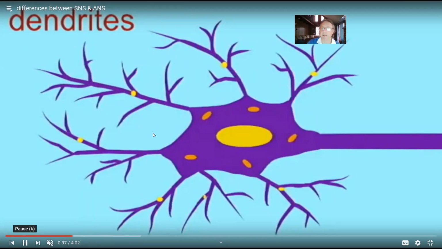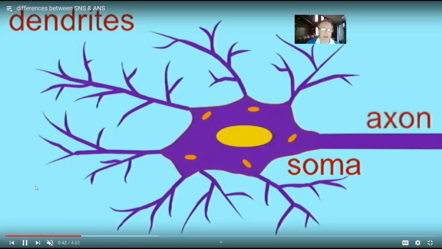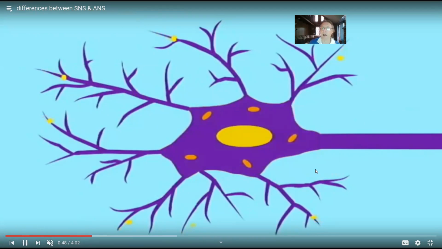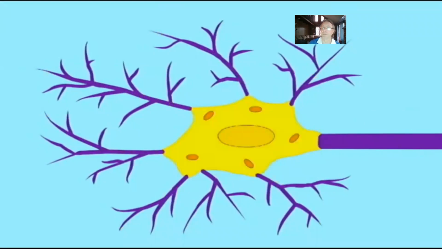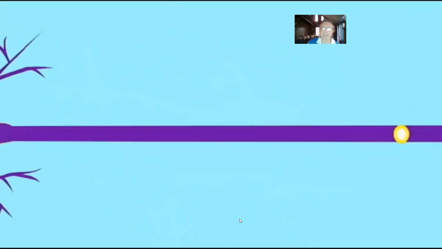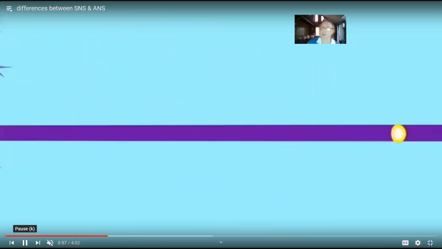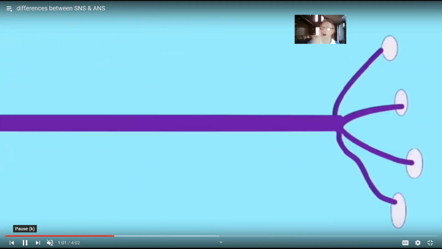One other big difference we have to address first is if this is a cell of the SNS, there are dendrites, which collect electrical information related to the soma. Maybe the soma decides to go to an action potential at the trigger zone. And then this action potential spreads along the axon. The axon will then actually go to the muscle cell. So it is the neuron which leaves the spinal cord, which actually then goes through the radial nerve and reaches the muscles of the triceps brachii.